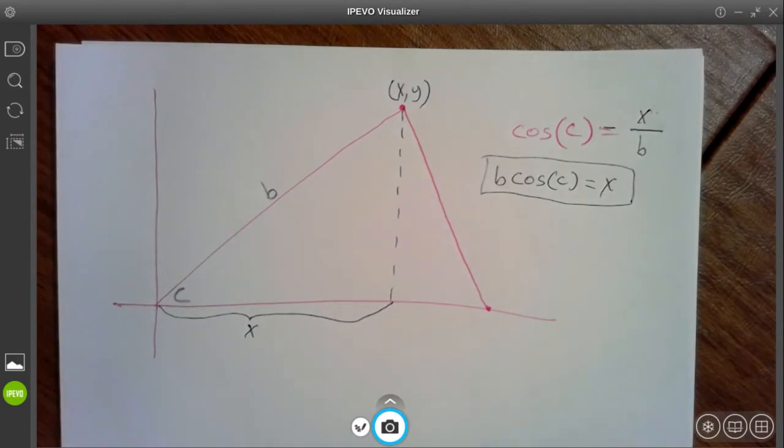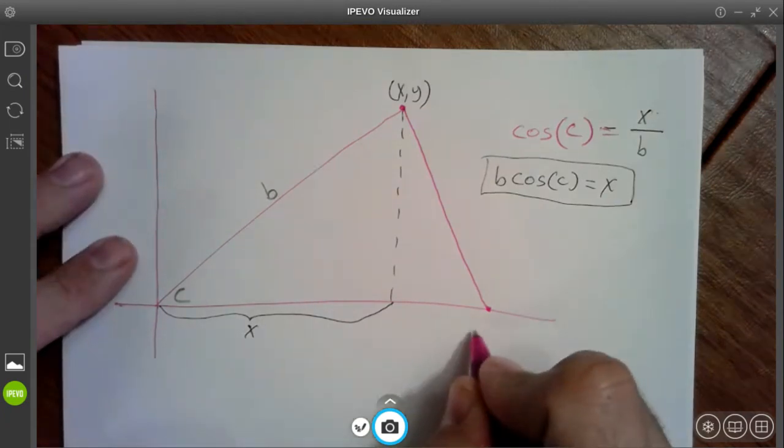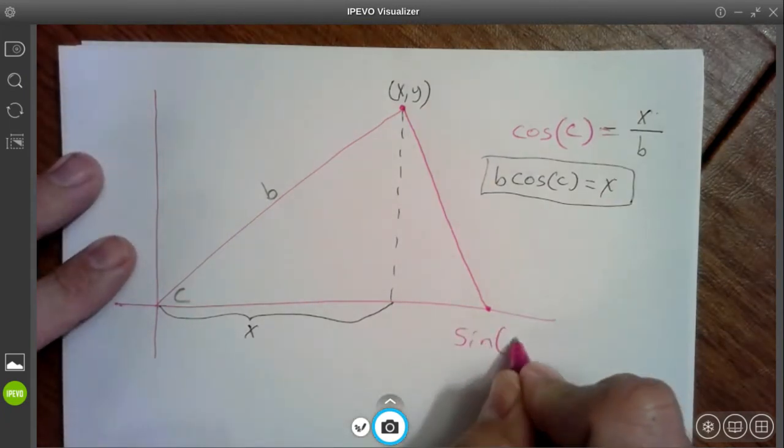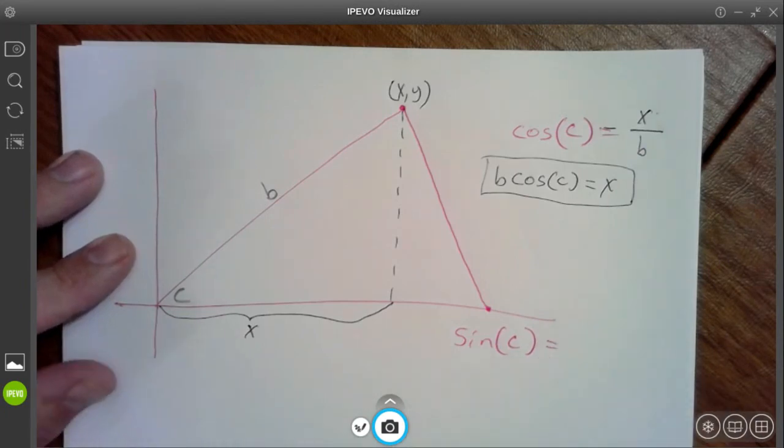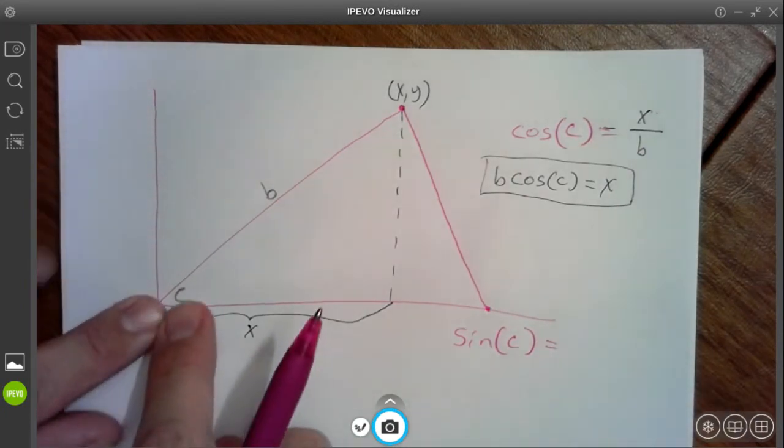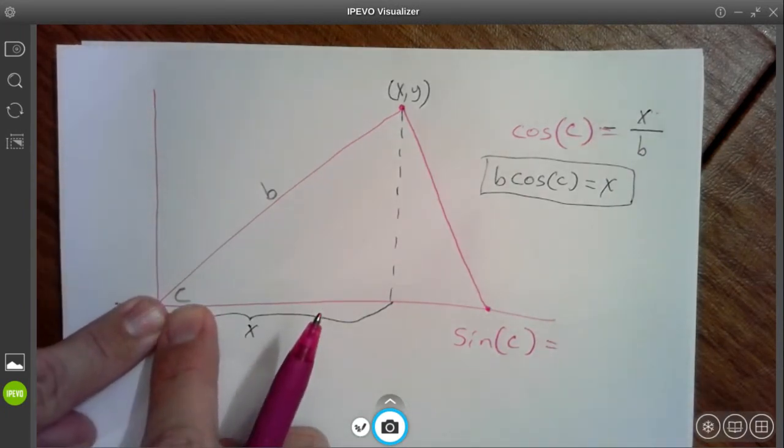If I want to find the Y coordinate, it's real similar. To find the Y coordinate, that's the one that's related to sine. So I'm going to say sine of C. Sine of C is going to be opposite over hypotenuse.